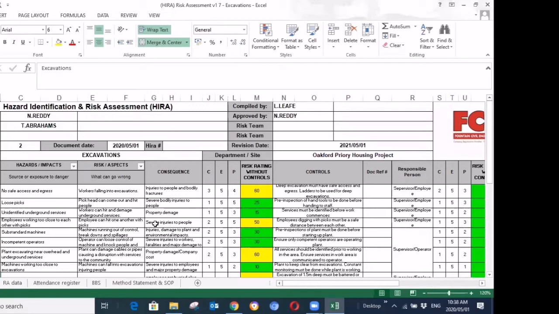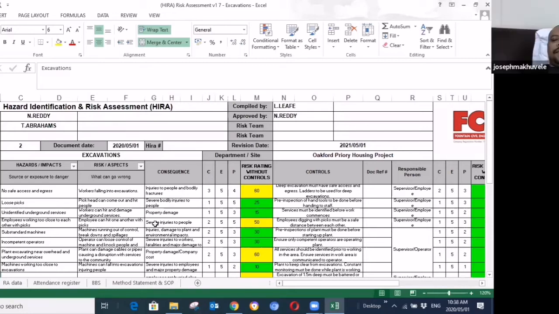Within the database of the company, was there ever an incident from this activity? If yes, they looked at the frequency, how many times it happened, and the severity, which automatically gave it a higher rating.